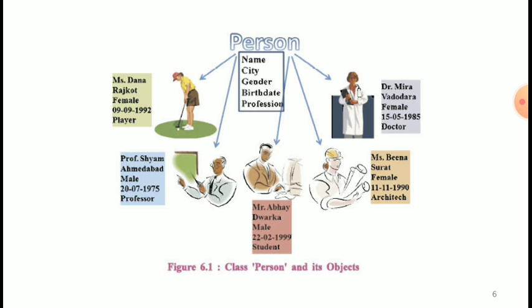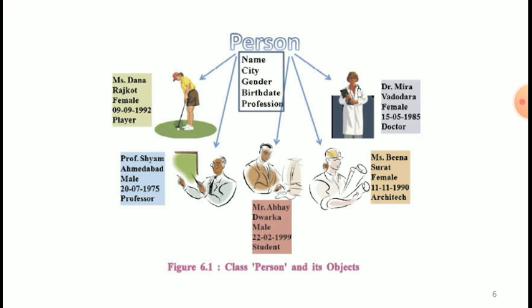So that is a person, that means a class, and its object, that means Miss Dana. The class is person and its attributes are name, city, gender, birth and profession. The first lady is Miss Dana.